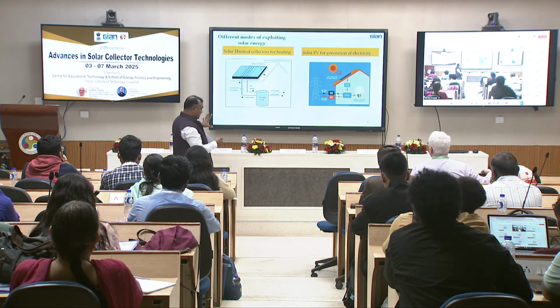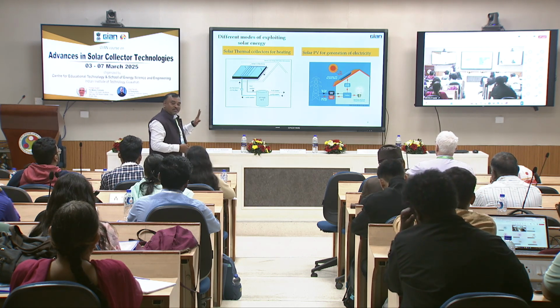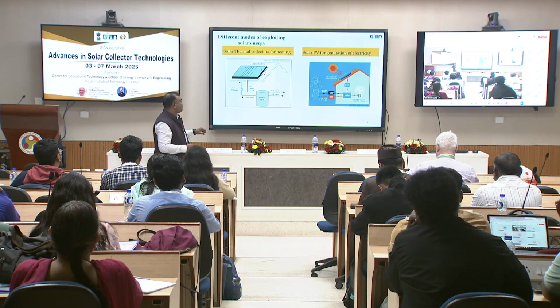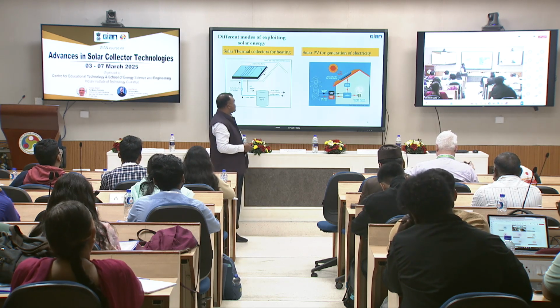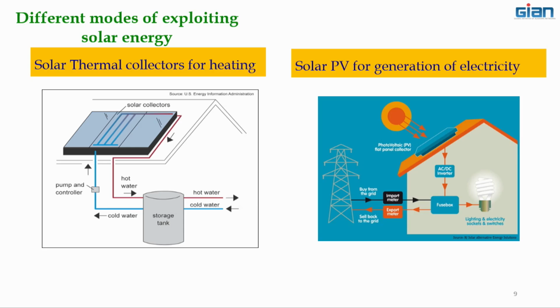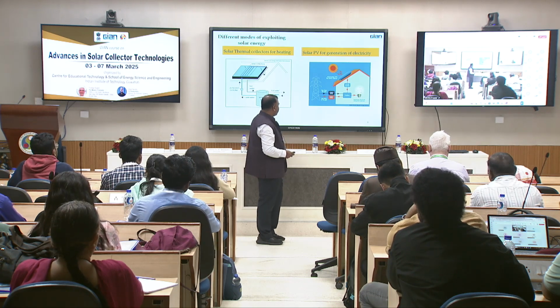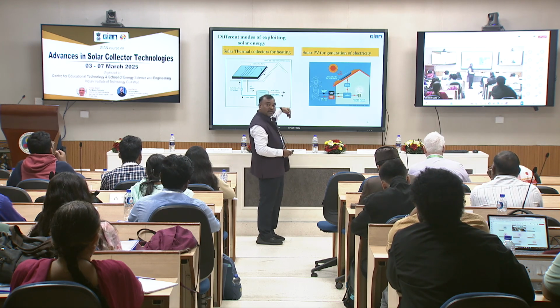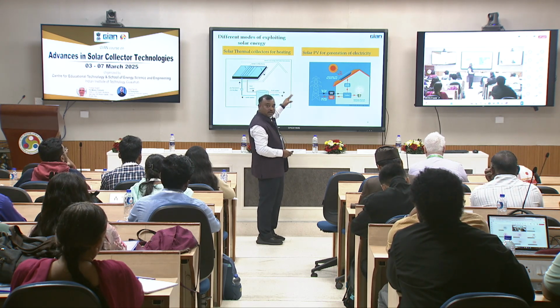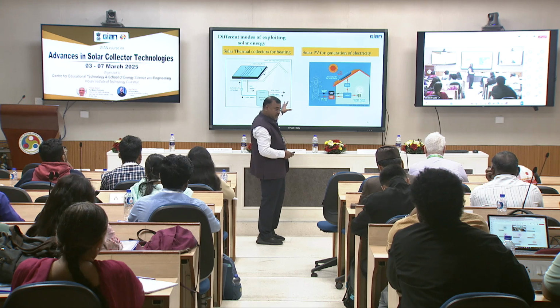But one thing is clear, this has to be installed over the roof space, okay? In the case of solar PV, that can be over the roof space or maybe on the ground. You have solar modules, you need to convert the direct current to alternating current, then you transmit it to the transformer, and it transmits power by using other electrical components, okay?